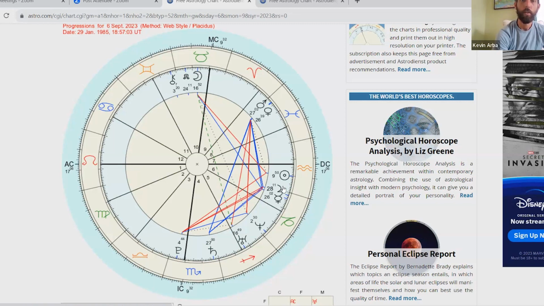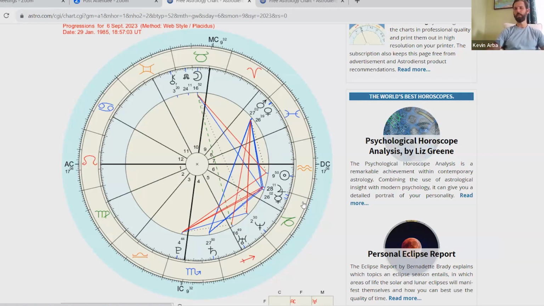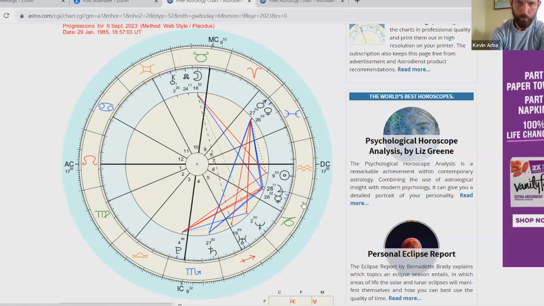And then the other one here is Mercury and Jupiter, which will be exactly conjunct in about a year, a little more than a year. When they make their exact conjunction, it will also be within a degree of exact sextile to progressed Venus and Mars, to progressed Saturn, as well as to my natal nodes.